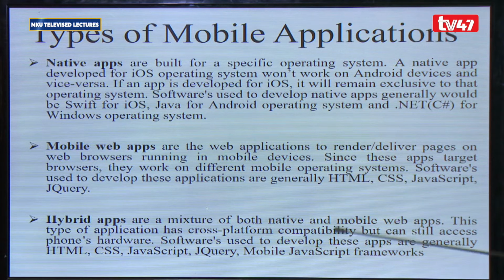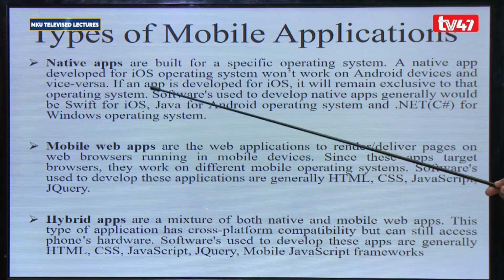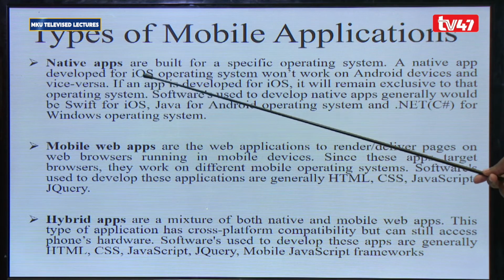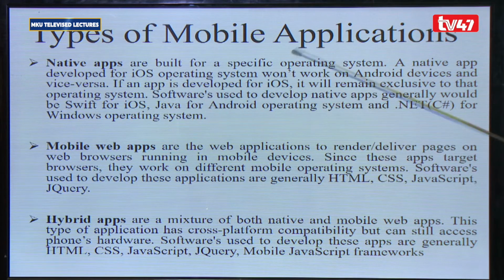Like an example, when you talk about a native application, the iOS operating system won't work on an Android service, right? And vice versa. So if an application was developed for an OS, it will remain exclusive to the operating system.